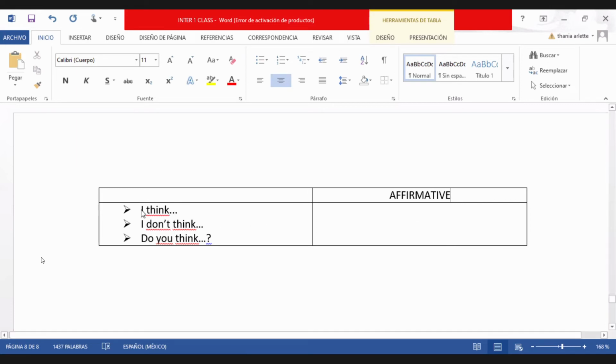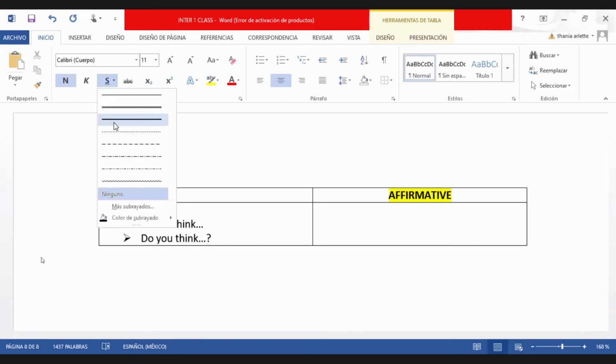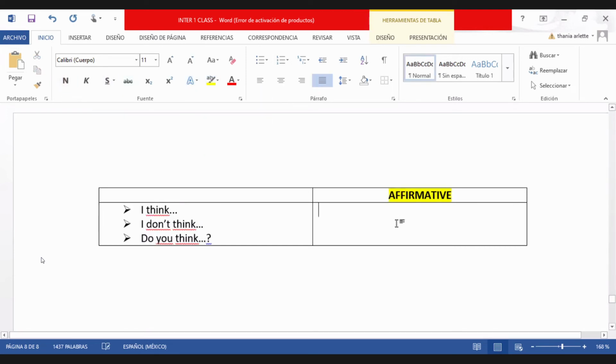So again, these phrases are very common to introduce an affirmative statement with will. Okay, or some examples of affirmative sentences.